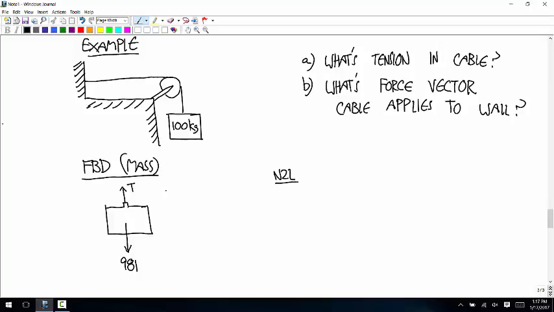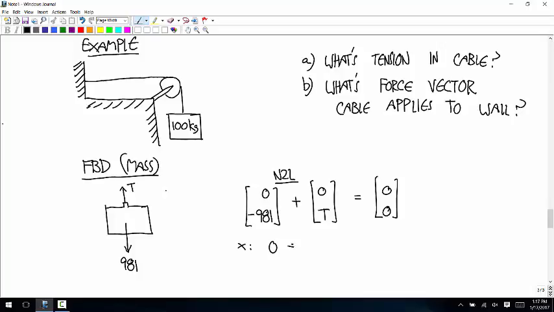So Newton's second law says 0, negative 981, plus 0T is equal to zeros. The x equation says 0 equals 0, so that's useless again.